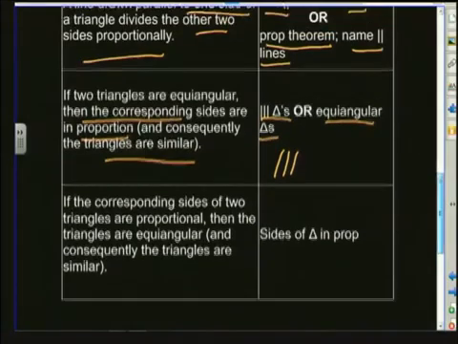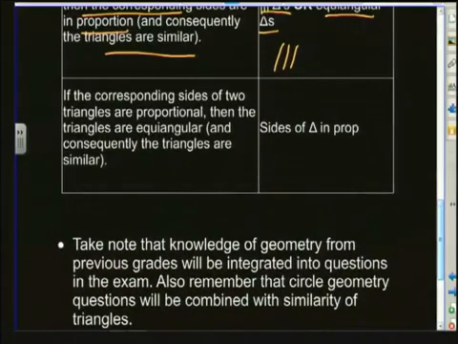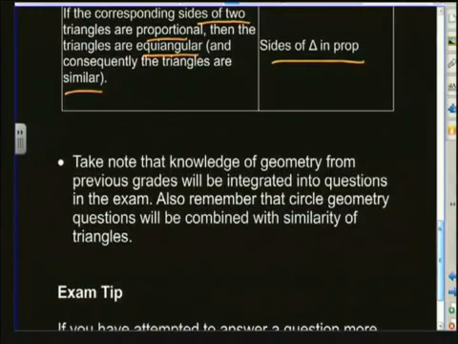Now the converse of that, if the corresponding sides of two triangles are proportional, then the triangles are equiangular and consequently the triangles are similar. There you can simply state sides of a triangle in proportion, again abbreviating proportion to prop.